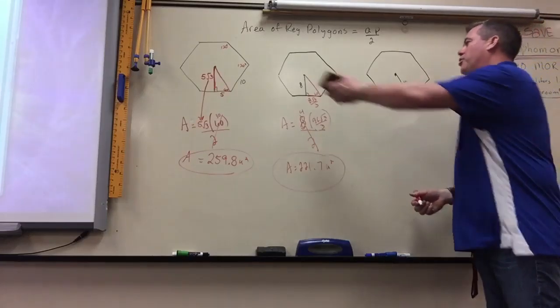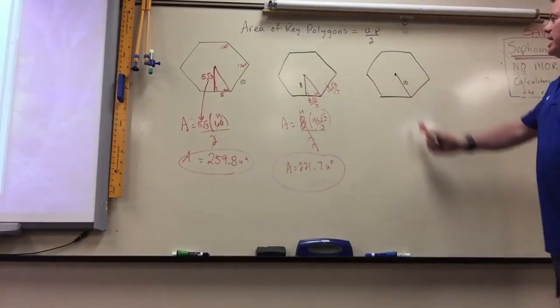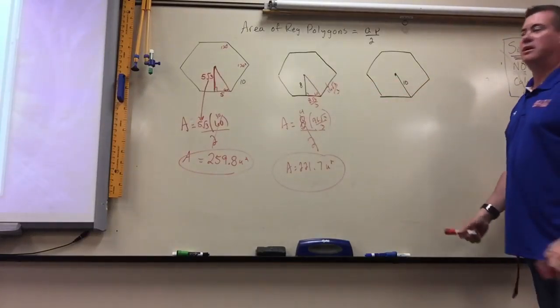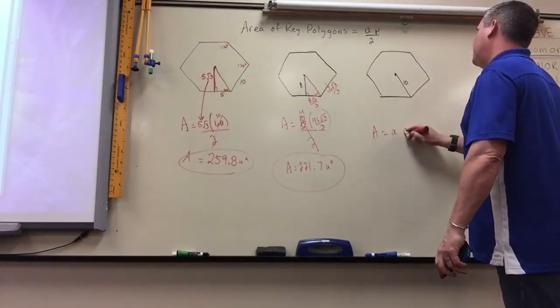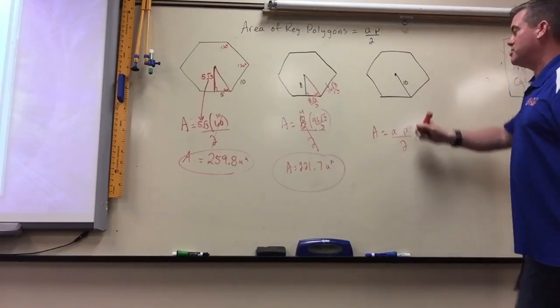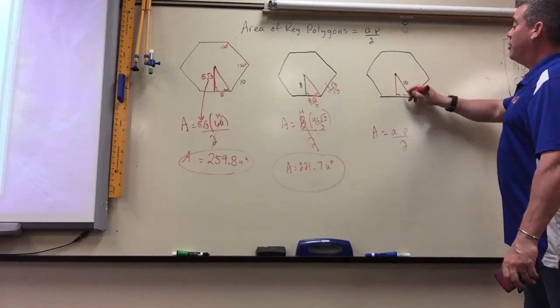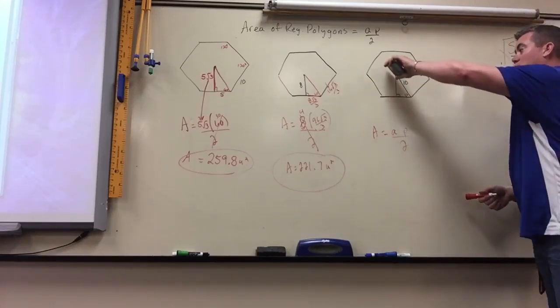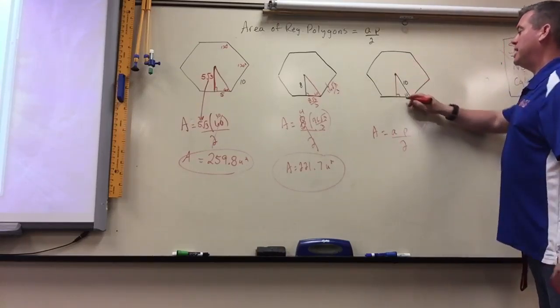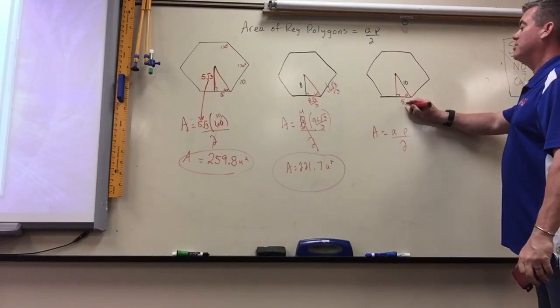So then the third type is where they give you the radius of the hexagon. So again, we don't know either of them now. AP divided by 2, but since it's a hexagon, this forms a 30, 60, 90. So the radius, which is the hypotenuse, is 10, which means this is 5.